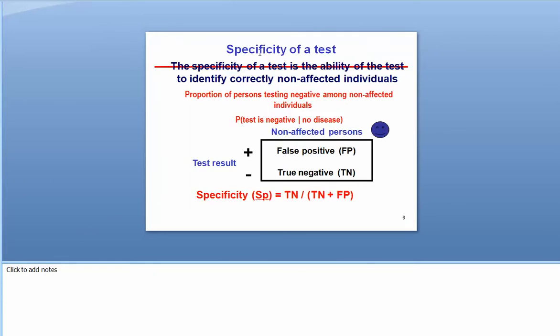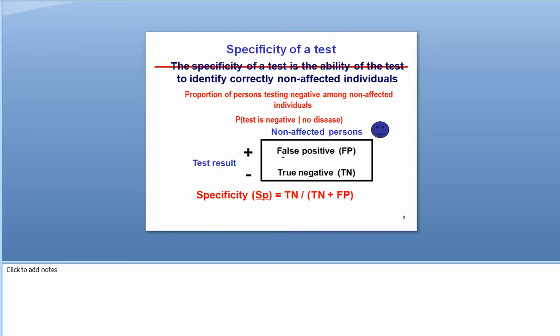Now, this is the other characteristic that is important to measure the effectiveness of a test: specificity. Specificity is a measure of how effectively the test is rejecting those who do not have the disease, or those who are not affected. So if you have the non-affected persons, that subgroup will be given the test.